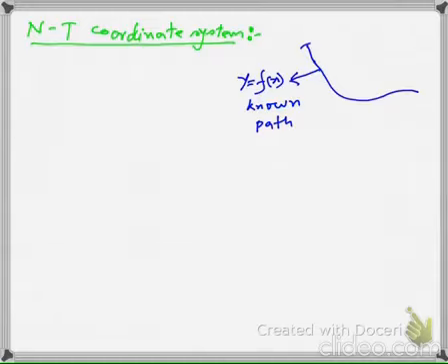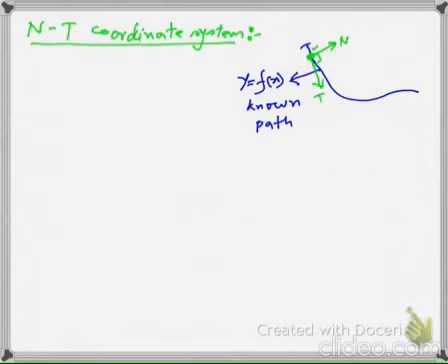The coordinate system of the normal and tangential components is variable, meaning it will change every time. If my particle is right here, the origin of the normal and tangential components would be this point here, and the coordinate system will be like this: one perpendicular and one tangential. That will be the normal, and that's tangential.